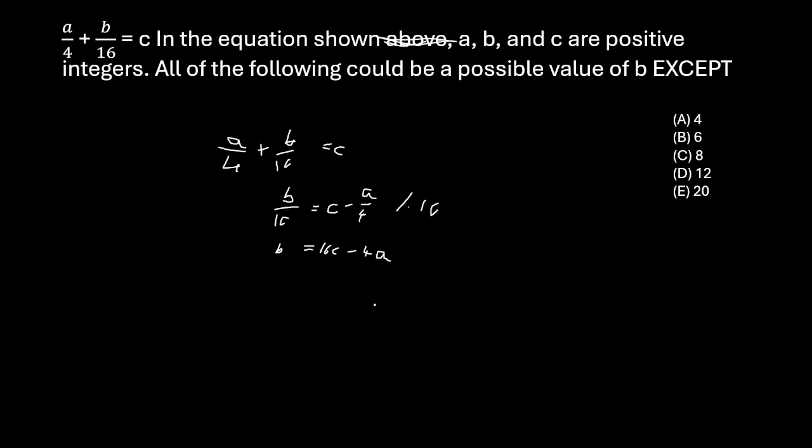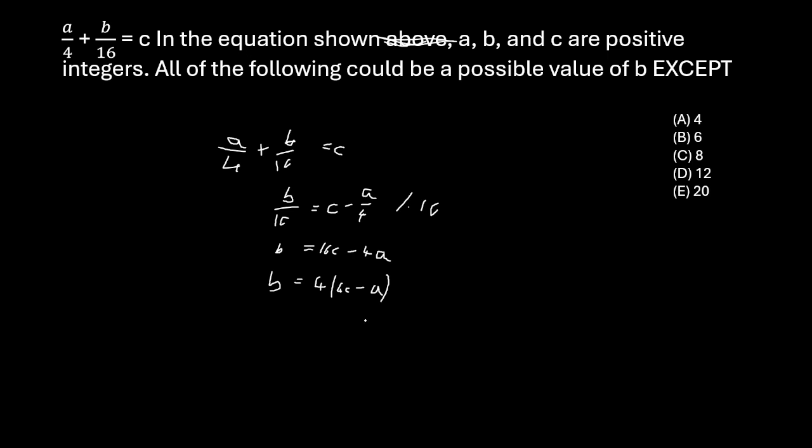Okay, and what can we know about it? Well, we can take 4 and put it in front. It would be 4 times (4c minus a), and this would be the same if we multiply it out.